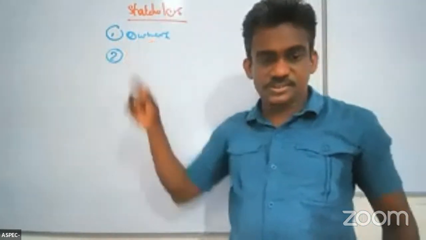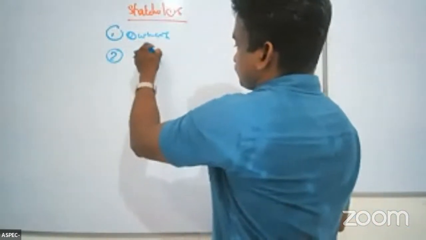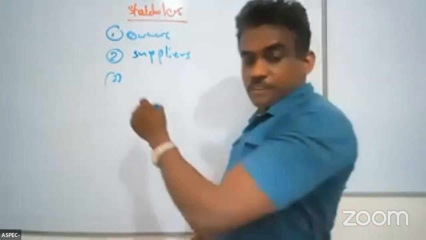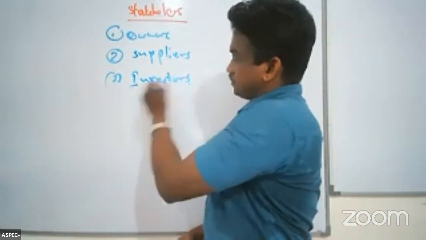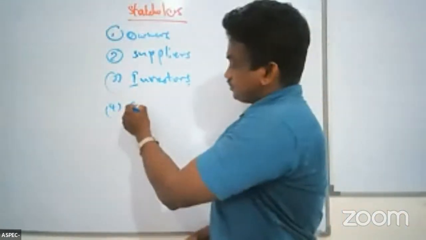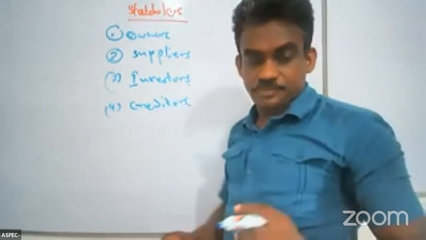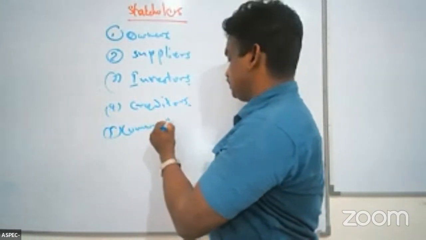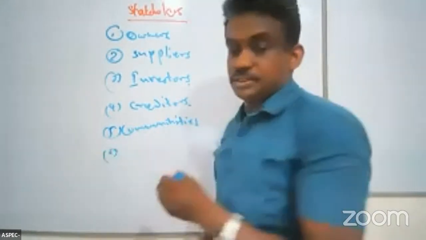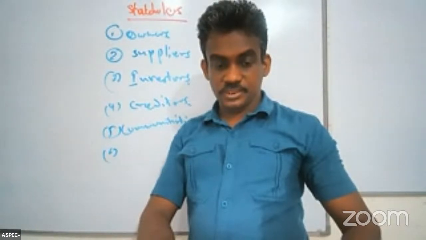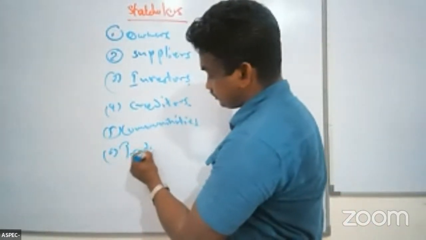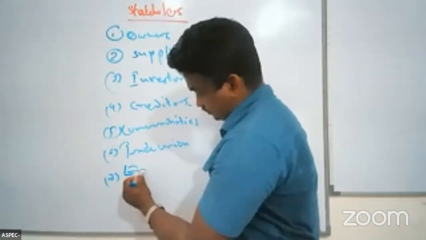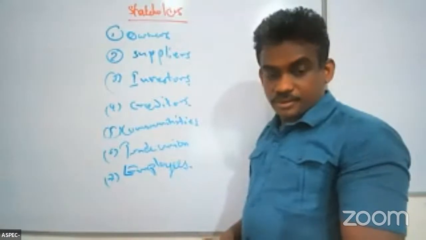First one is owners, then suppliers, investors, creditors, communities, trade union, employees, government.